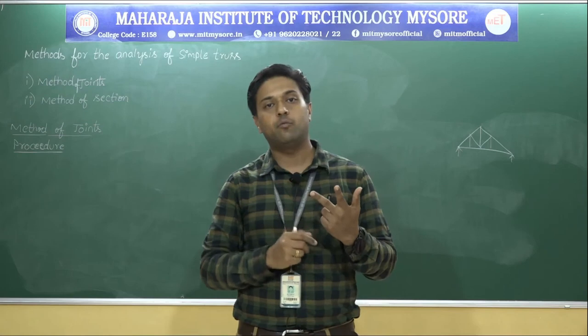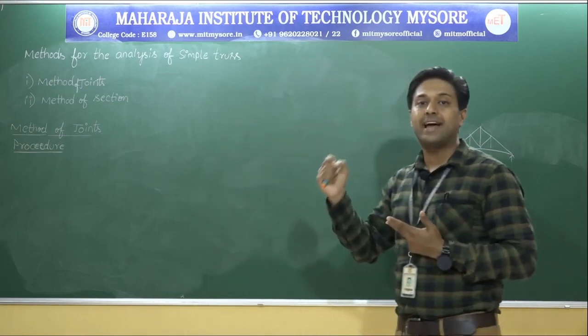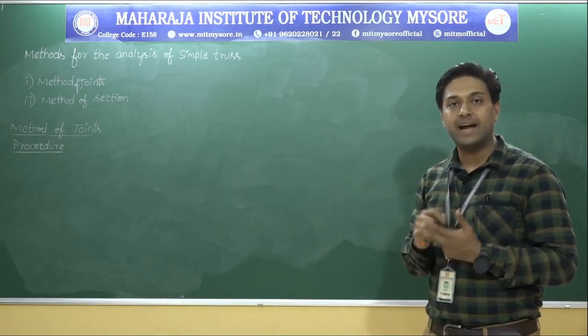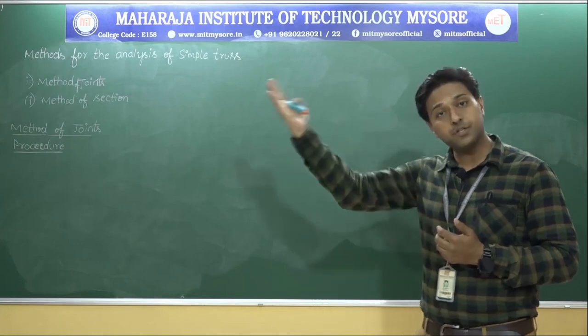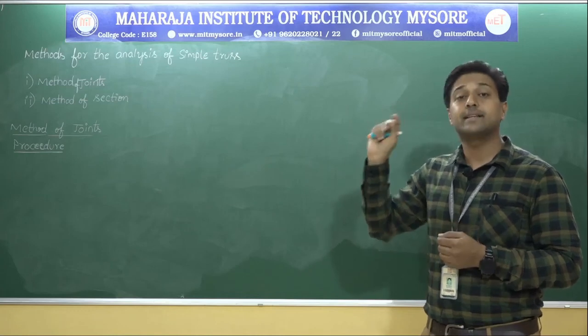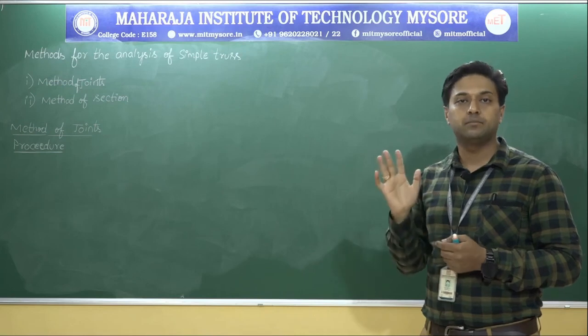Third, we need to take a free body diagram at a particular joint. We need to write the free body diagram at a particular joint such that there should be at most 2 unknowns, maximum 2 unknowns should be there. Such a joint we need to take and write the free body diagram.